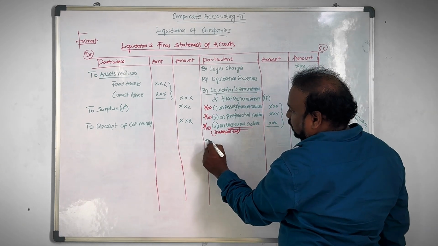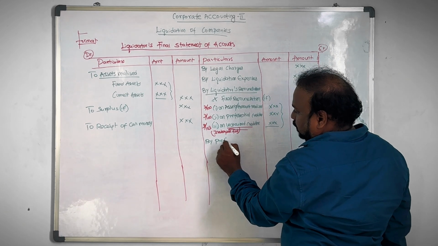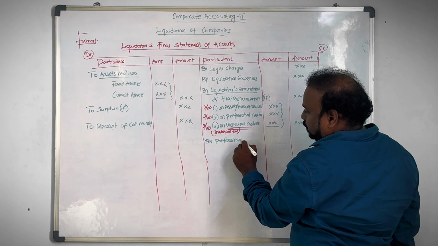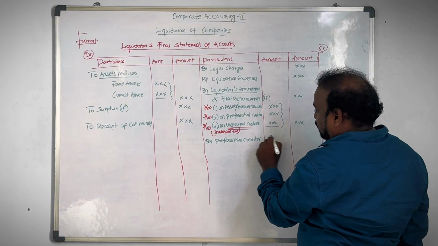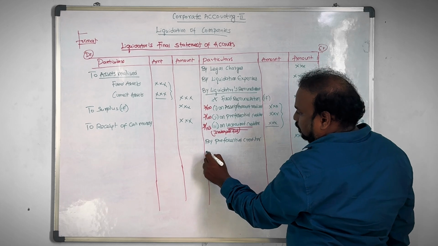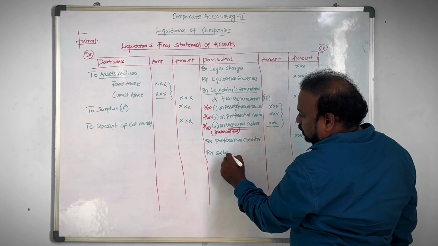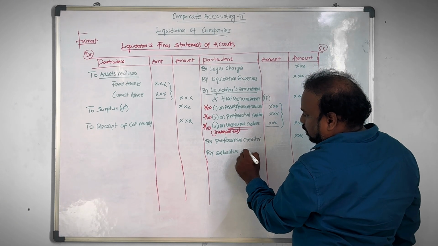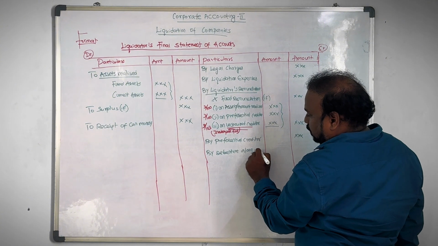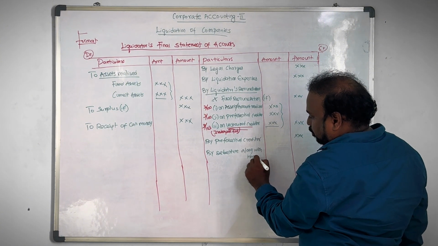Then by preferential creditor, the amount is to be settled. Then by debenture along with interest.